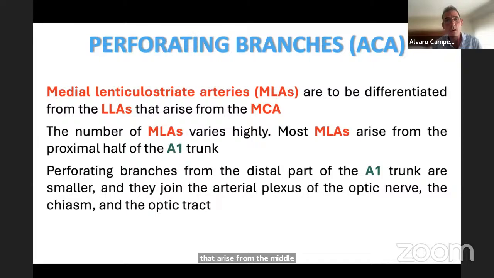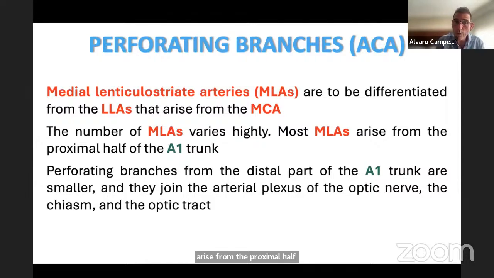The number of medial lenticulostriate arteries varies highly between specimens, but most arise from the proximal half of the A1 trunk.